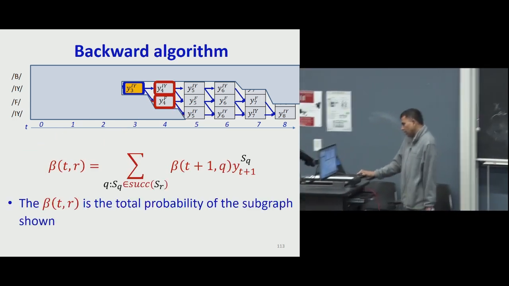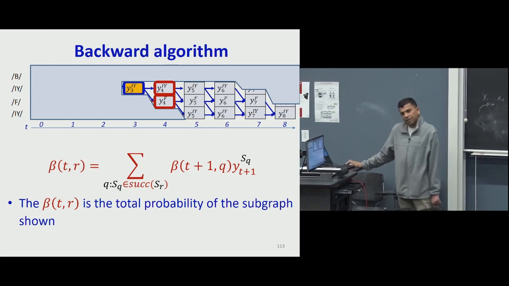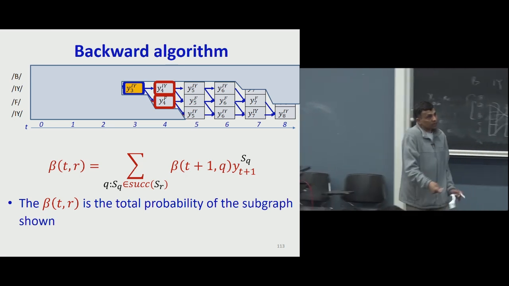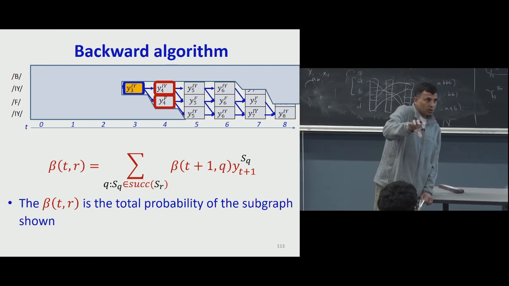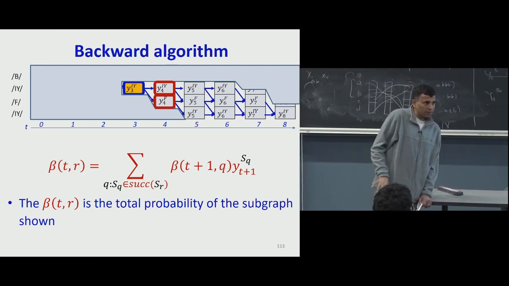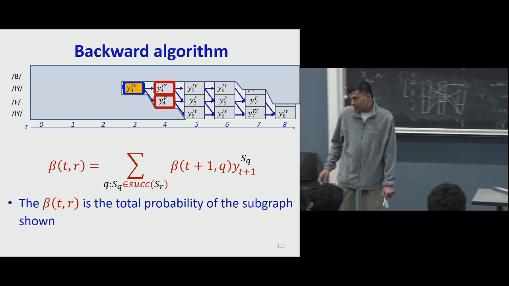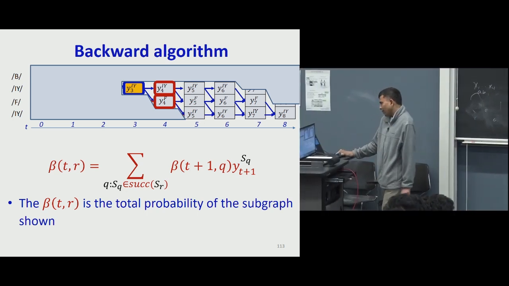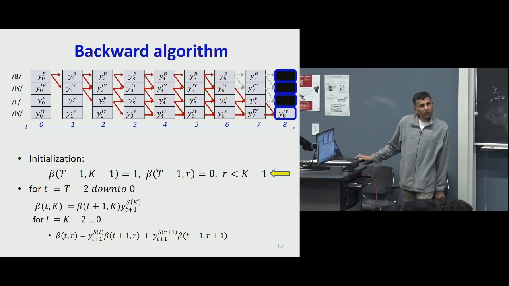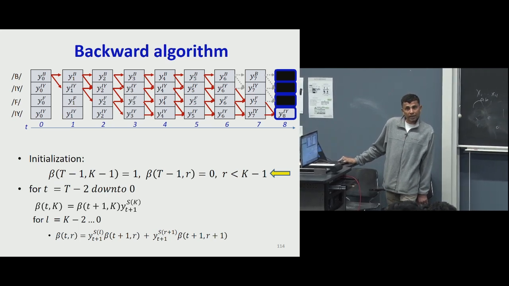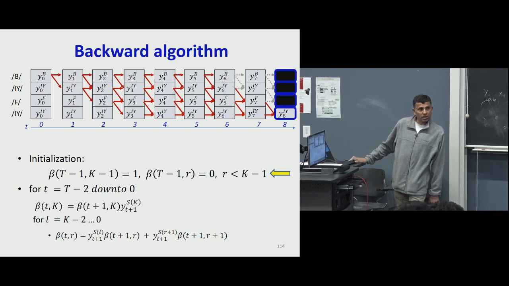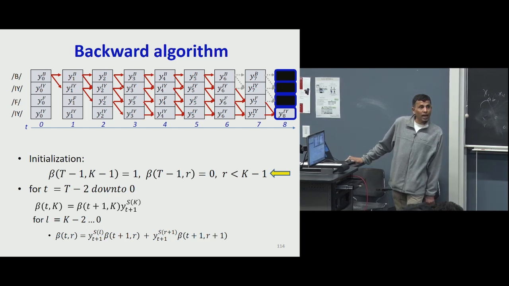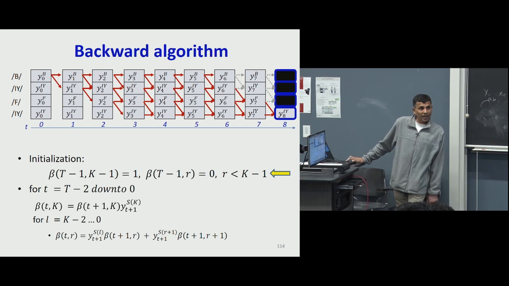So the general notation: the beta at tr is the sum over all the successors of the tr node of the probability of the successor node times the beta computed at that point. The way you would do it, you start off at the final node, and you can compute the beta for the bottom right node very easily, which is simply 1 because everything that follows it is 1. You cannot have any subgraphs following the blackened out node, so the beta for those is 0.